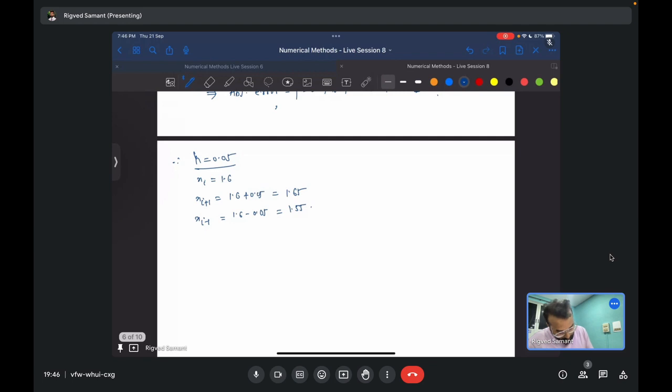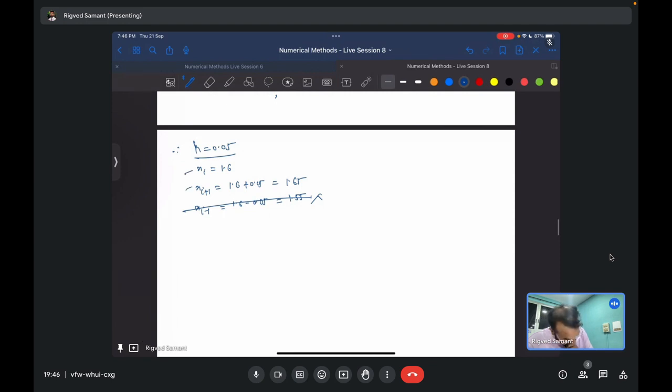For forward difference this is not required, only these two values are required, because the forward difference formula is y dash is equal to y i plus 1 minus yi divided by delta x.